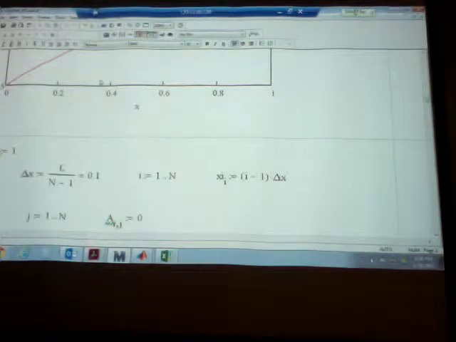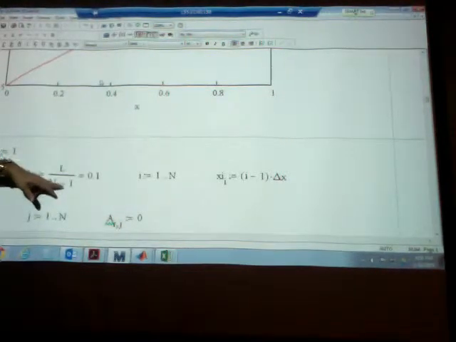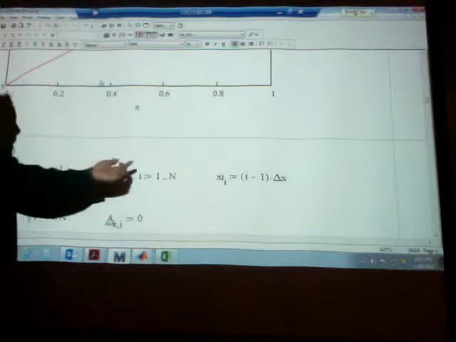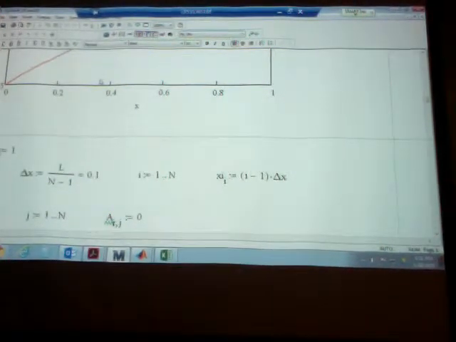We're going to start with the origin equal 1. We've done the same all along. N is equal to 11. Delta x is L divided by n minus 1, so the size of each subdomain is 0.1. And the location of each node xi, which is indexed by I, is I minus 1 times delta x.